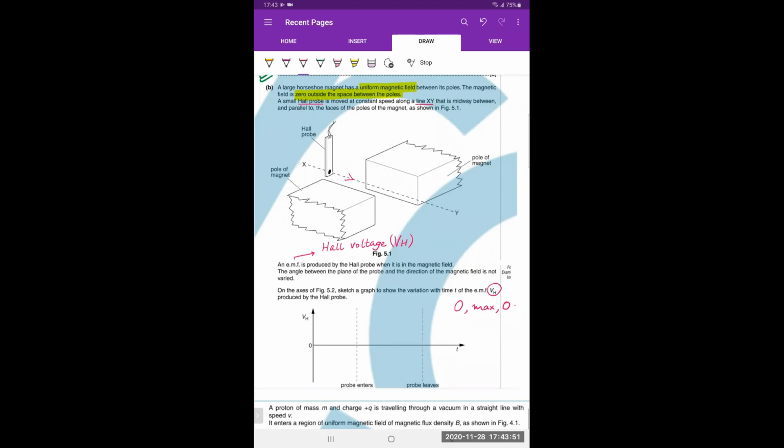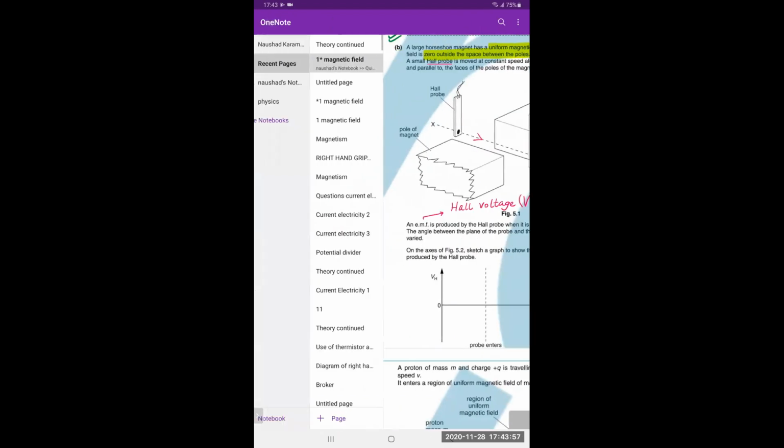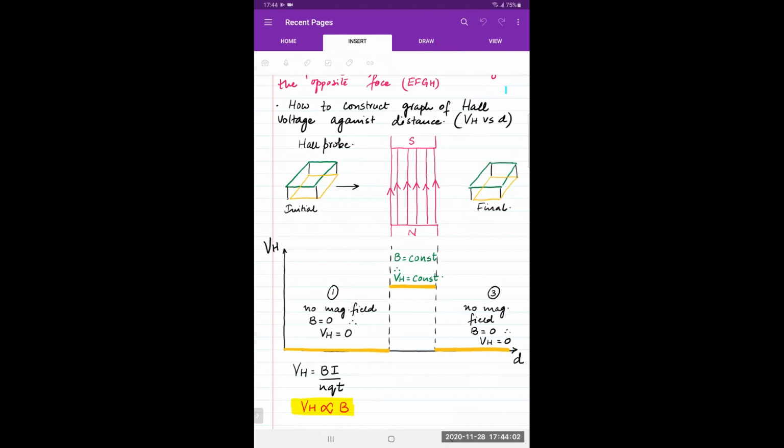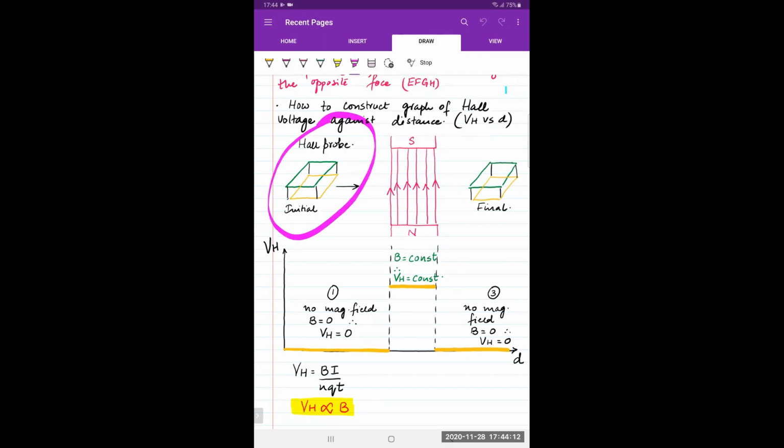Let me quickly recap from the notes that we actually constructed a similar graph. It is exactly identical. So this is the initial position of the Hall probe. It passes through the region of the magnetic field.